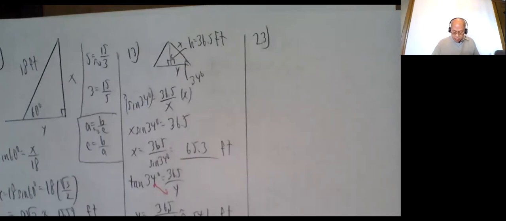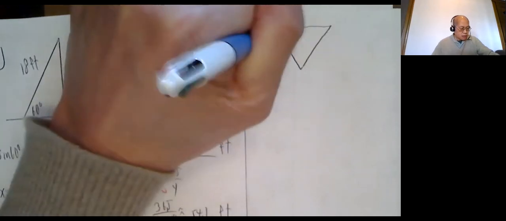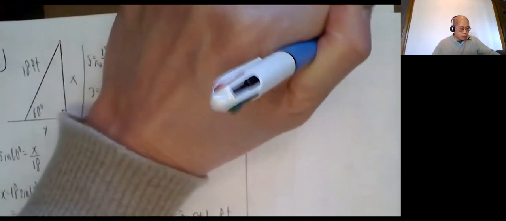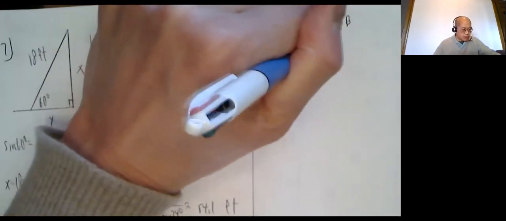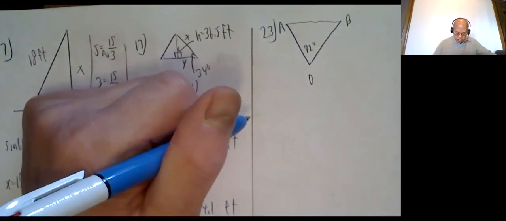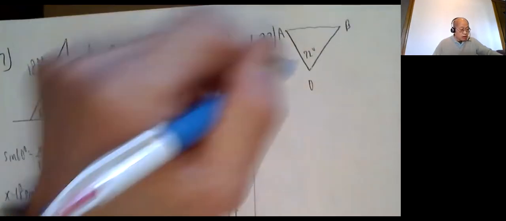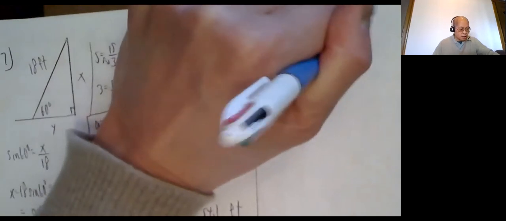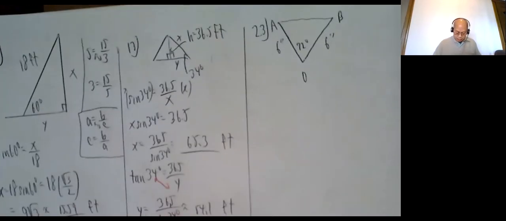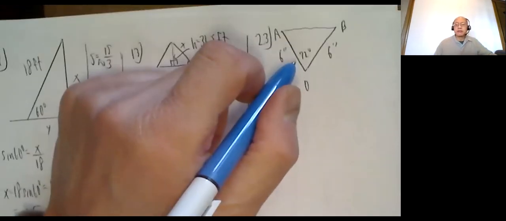Angle AOB is 72 degrees. OA and OB are equal. They're each 6 inches. Find the distance from A to B.